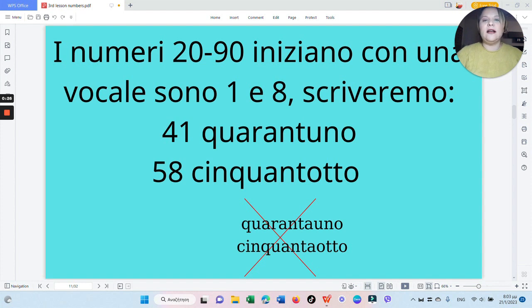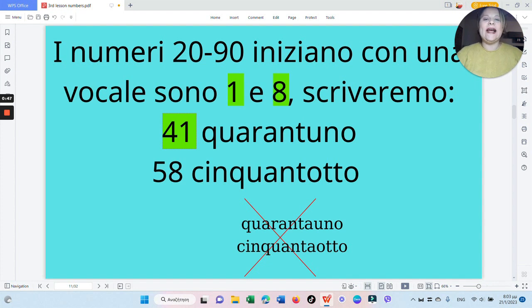70, 80, and 90, in Italian, and I want to add numbers 1 or 8, I will eliminate the last vowel of the decade. For example, 40 is 40, uno is 1.